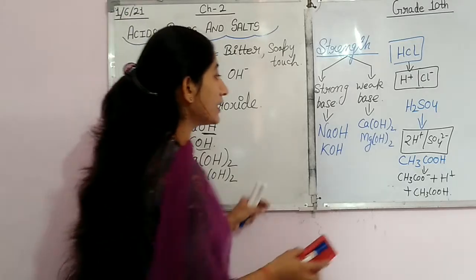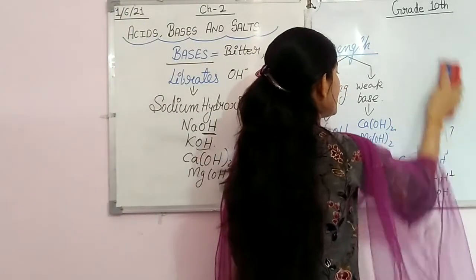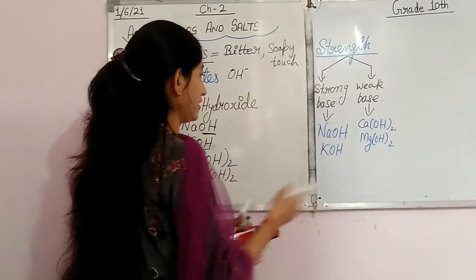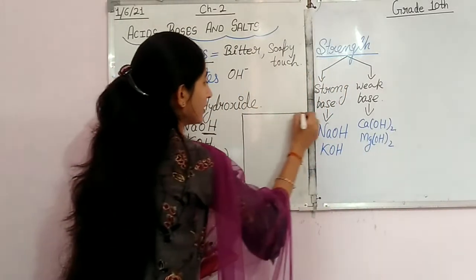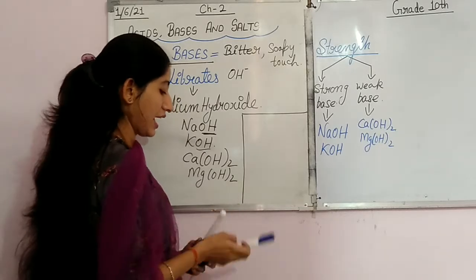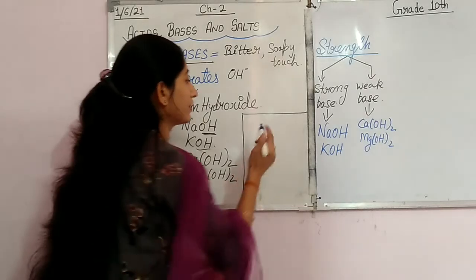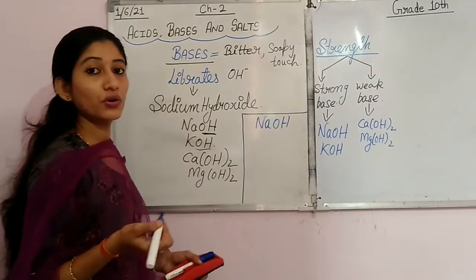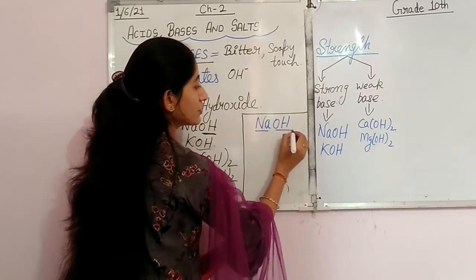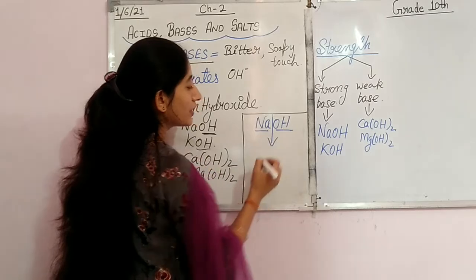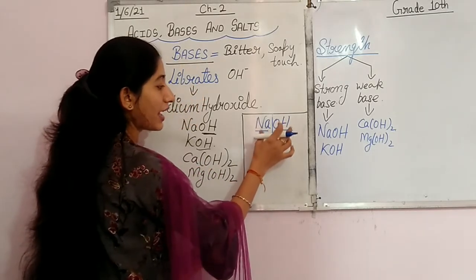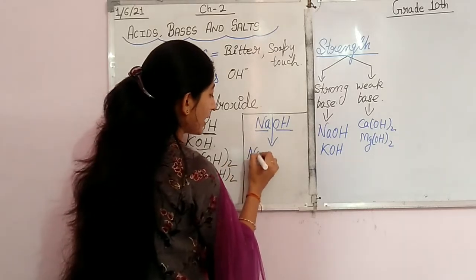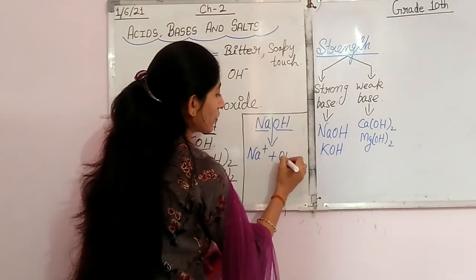For example, let's see NaOH. How will this NaOH dissociate? Here I have taken sodium hydroxide, sodium and hydroxide. When we dissolve this sodium hydroxide in aqueous solution, it will dissociate into Na positive plus OH negative.